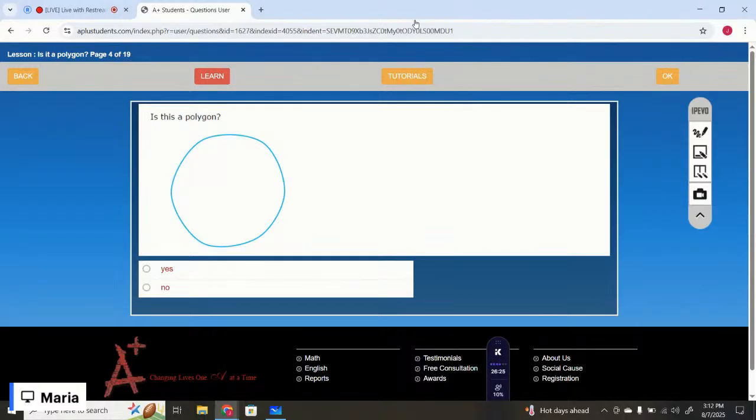Is this a polygon? No, that is not a polygon.